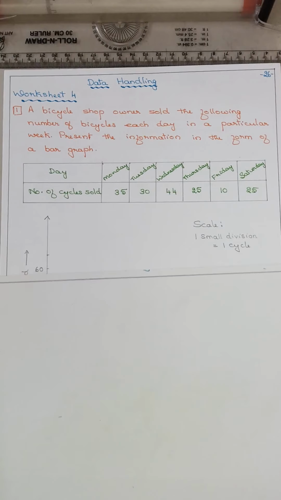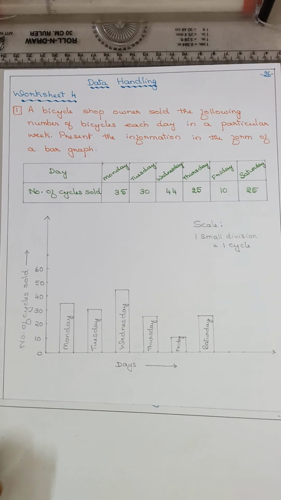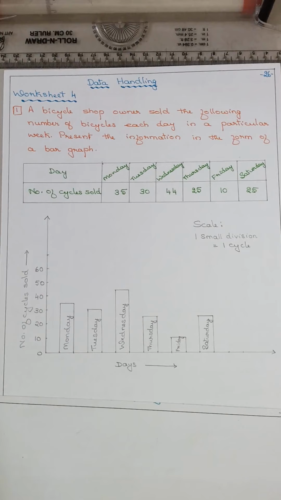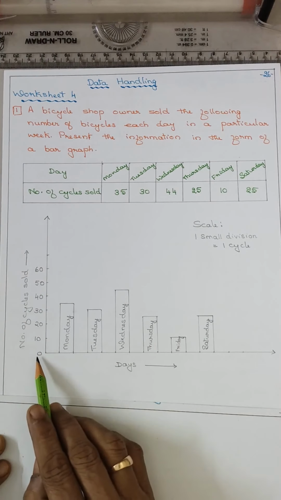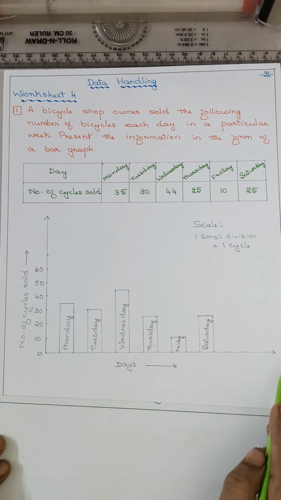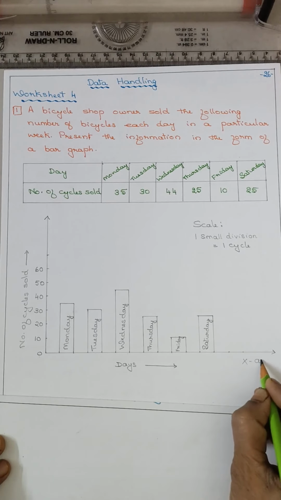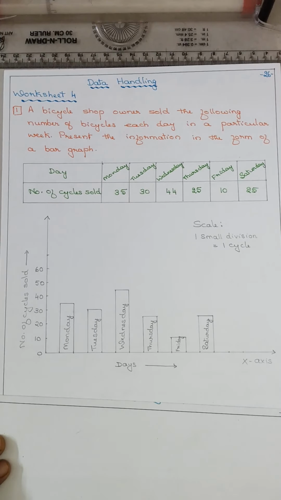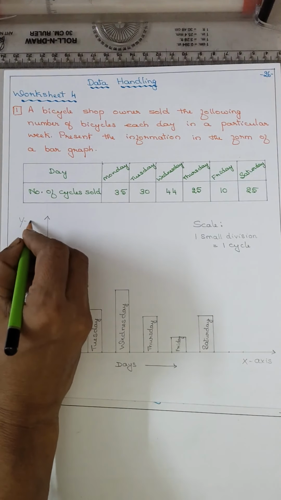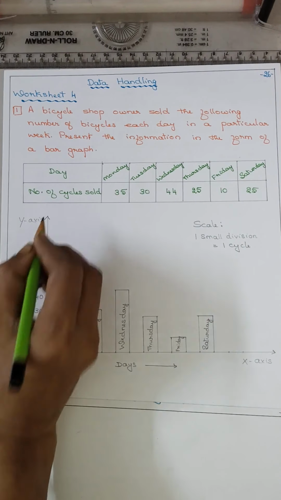So to draw the graph, first we have to draw the x-axis and the y-axis. Hope you remember, this is 0, that is origin, and the horizontal line is called the x-axis, and the vertical line is called the y-axis.